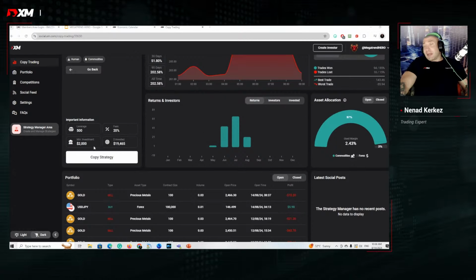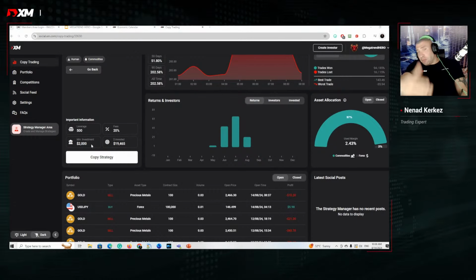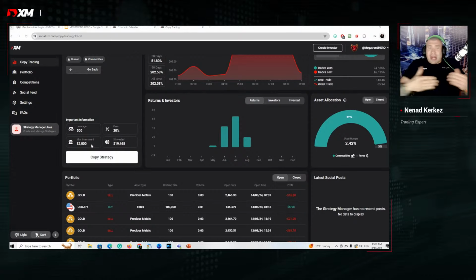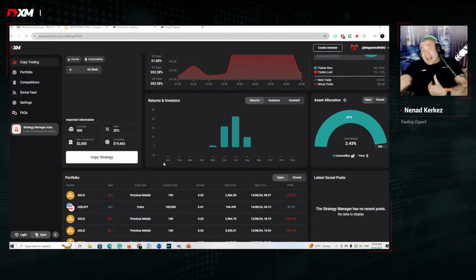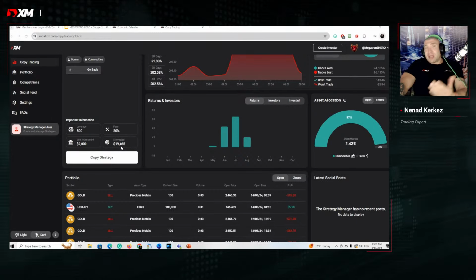Look, minimal investment 2,000. In my opinion, it's fine, guys. I would also put 2,000 if I had my own copy trading strategy. I would put 2,000 as a minimal limit because, look, guys, I know how to trade with this kind of money. 1,000, 2,000 in my live trading, I also use this. So for me, it's perfectly fine. And yes, if someone is serious, he would put a little bit more in order to gain more.